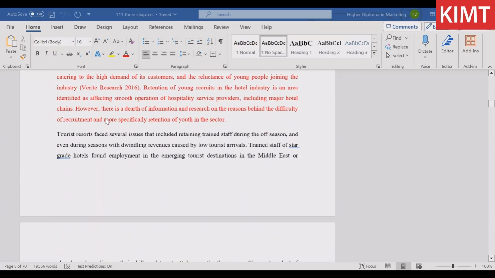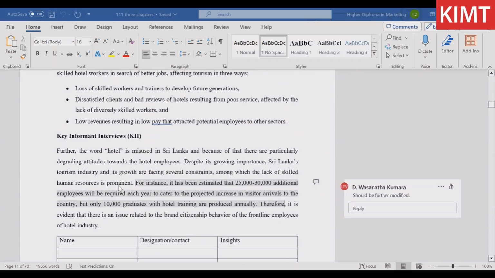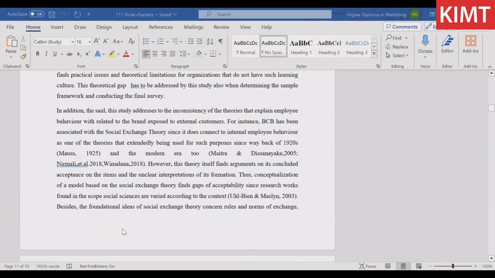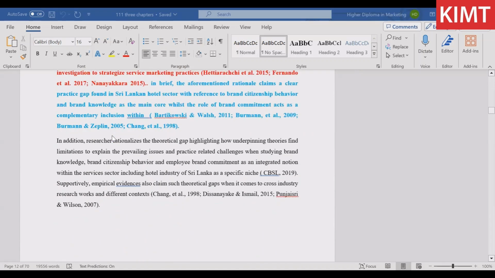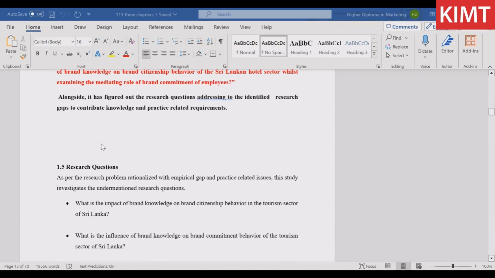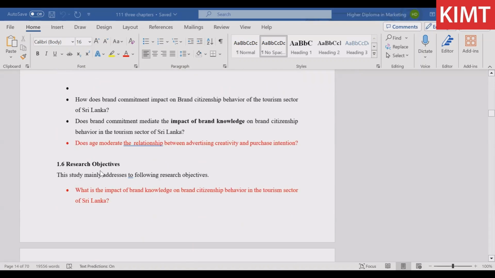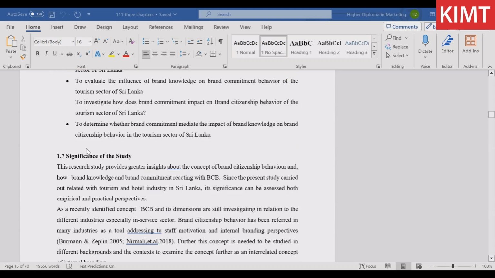Here, what I'm going to tell you is what goes in your proposal after writing up to the significance of the study. It's the same way I taught you: research problem, research questions, research objectives. You know the topic significance of the study? This is the way you have to write.